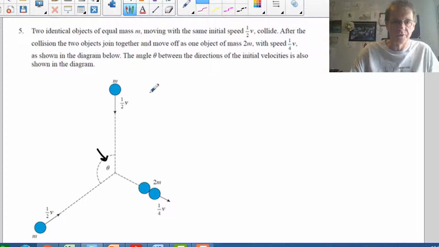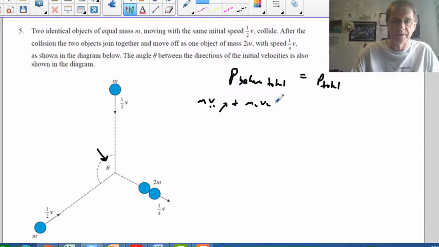So how do you find the angle theta just from those figures? All we do know is we've got two objects to start with. If you look at this idea of P before equals P after as a total, P total after, you've got two coming in: an M1 V1 going up and an M2 V2 going down, and then afterwards a combined velocity times V dash, one object.